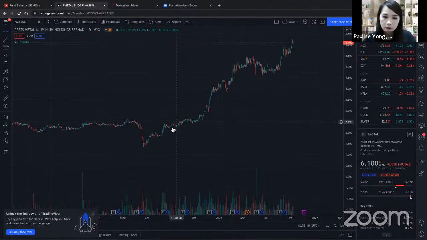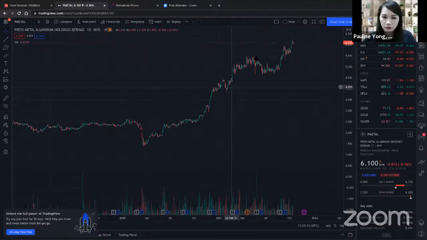So if you are looking at here, at one glance, what does this tell you? At one glance, if let's say this is 1, 2, 3, 4, 5, I'm looking at this as wave number 1, and then this is 2, and then this is 3. 3 will be 1, 2, 3, 4, 5.